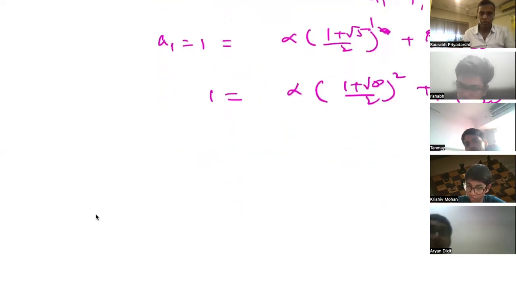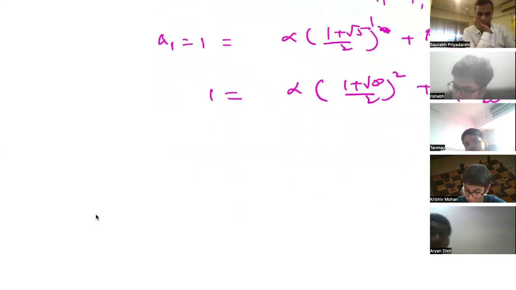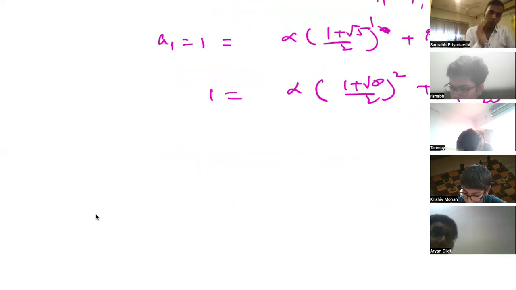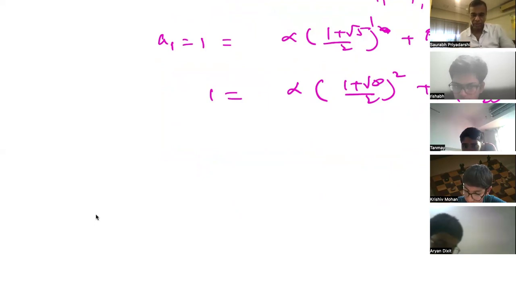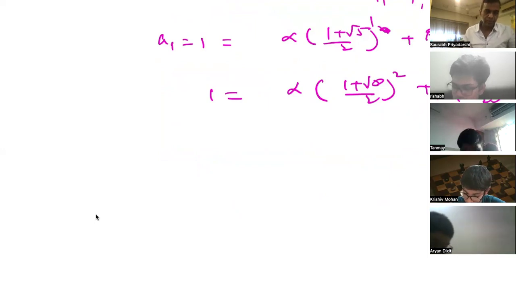Now you have to find the values of alpha and beta. If we are able to find alpha and beta, then I'll tell you why we are finding this. What values are you getting for alpha and beta?